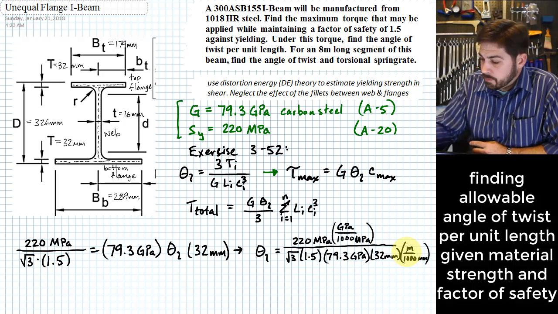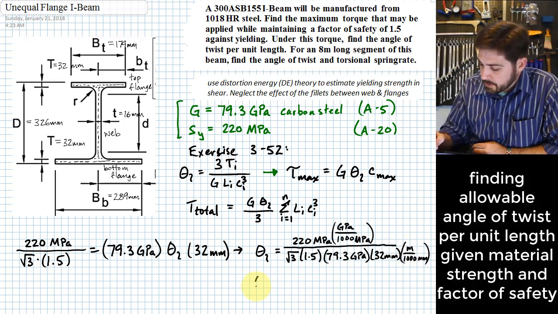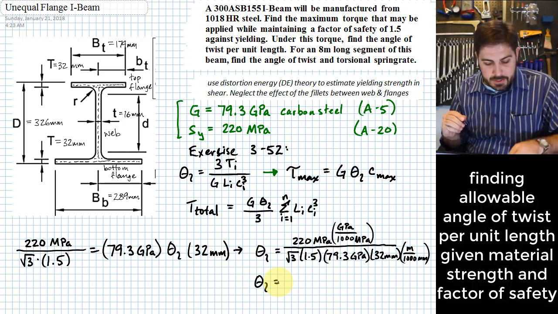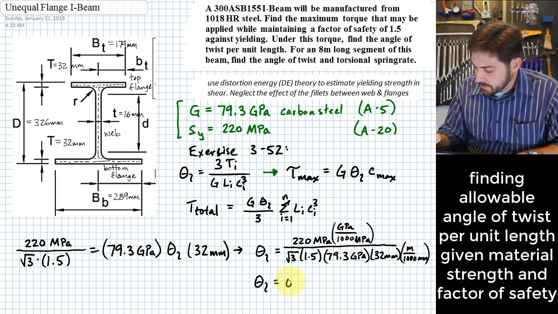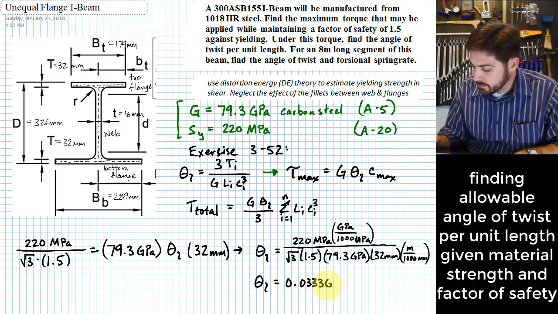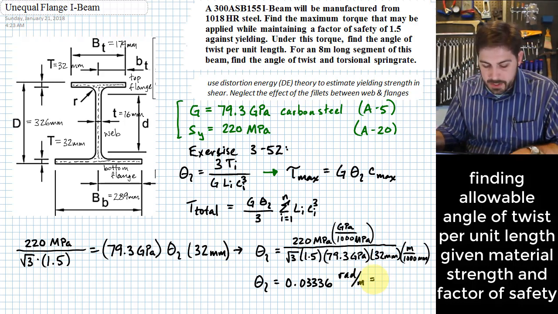So the way we interpret that is that the number that comes out of here is a number of radians per meter, and the value for that ends up being 0.03336 radians per meter. If we want to express that in degrees per meter, we can do that as well.